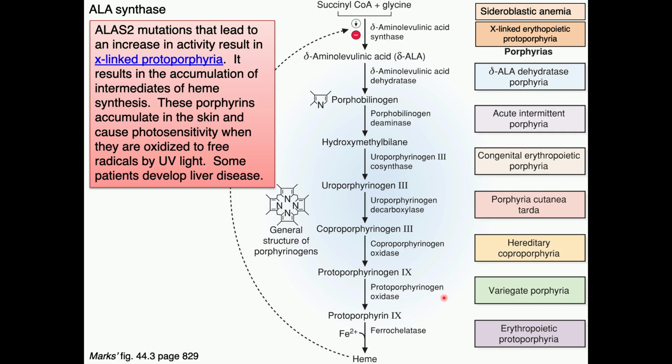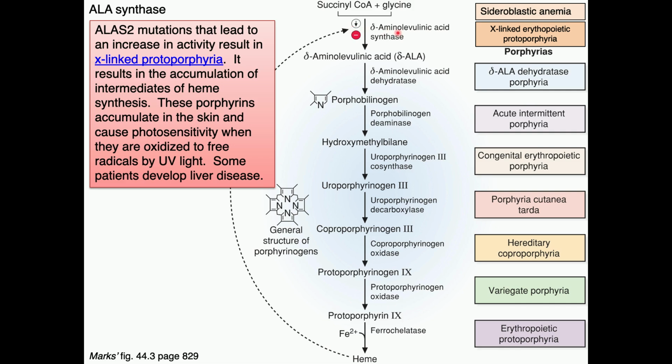In this case, the accumulation is primarily this last one, the protoporphyrin. So with the X-linked protoporphyria, here you again don't get the heme produced, so you don't get the aminolevulinic acid synthase negative regulation, and then you get the hyperactivation mutation that's kind of greatly exacerbating the symptoms.